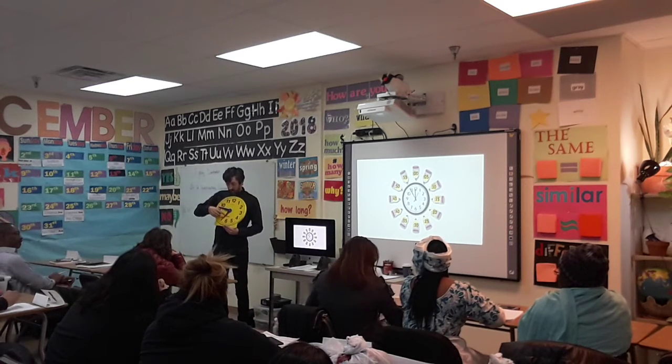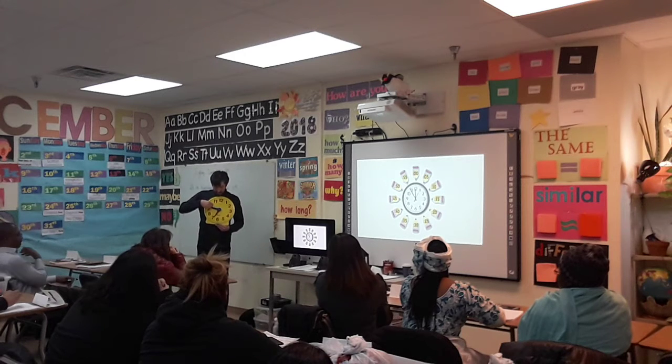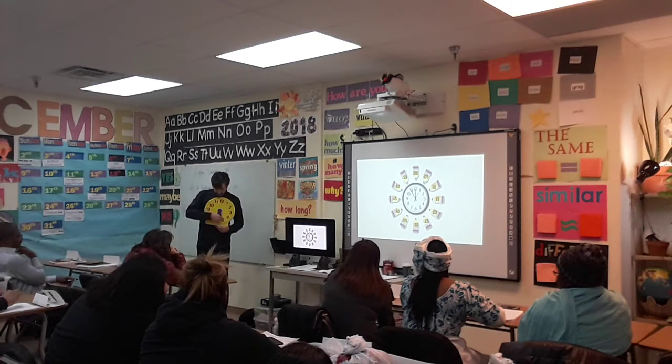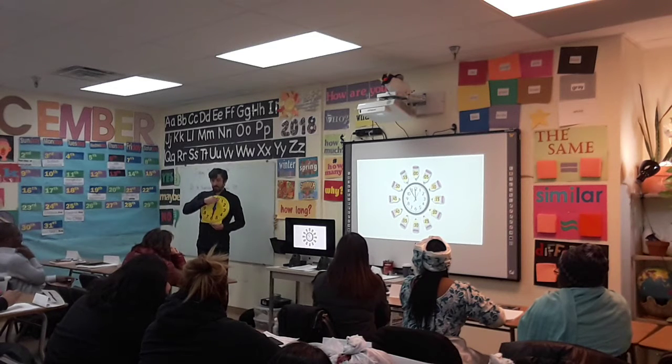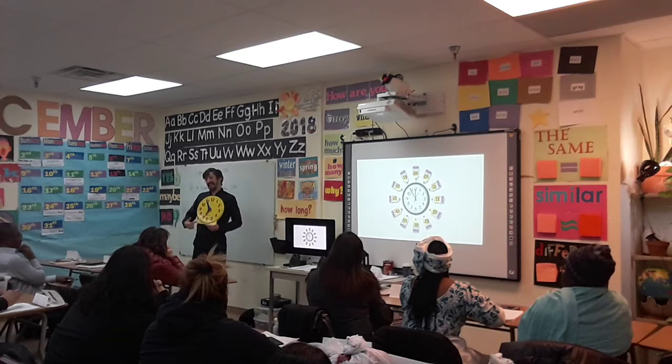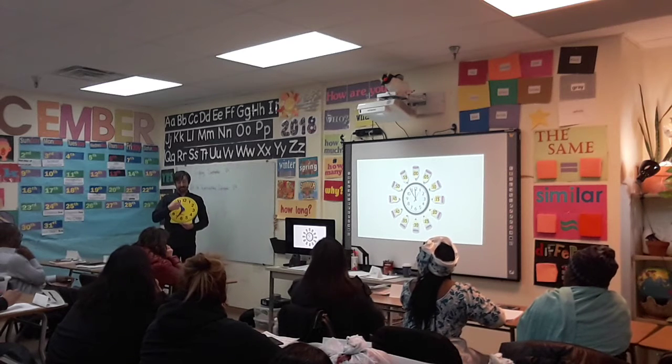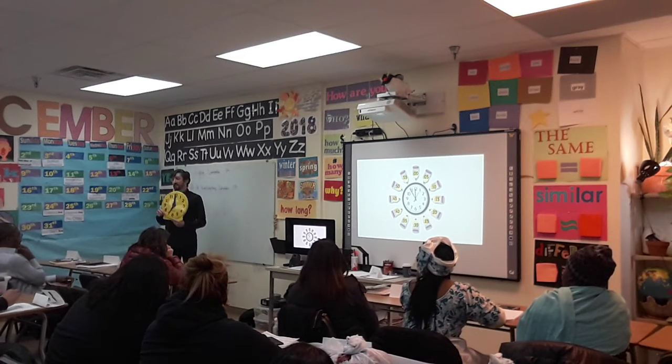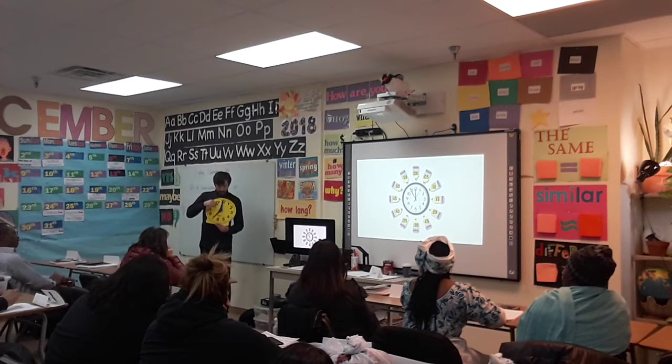Because watch this hand. So 6 o'clock, right? But now I'm going to 7 and it's not 7 yet. It's still 6, 6:55. Now what time is it? 7 o'clock.